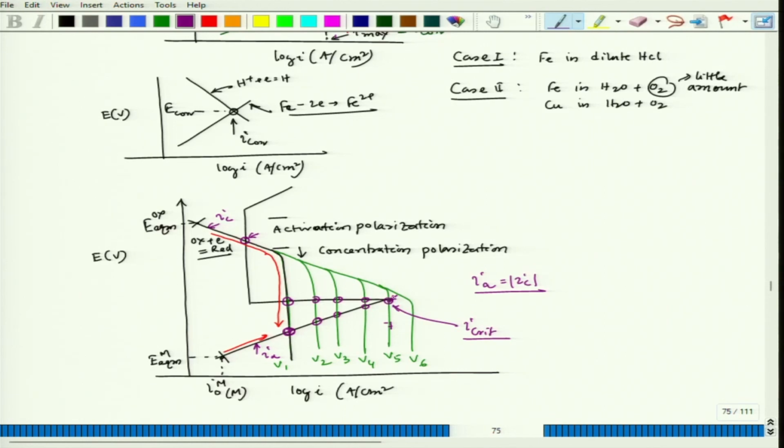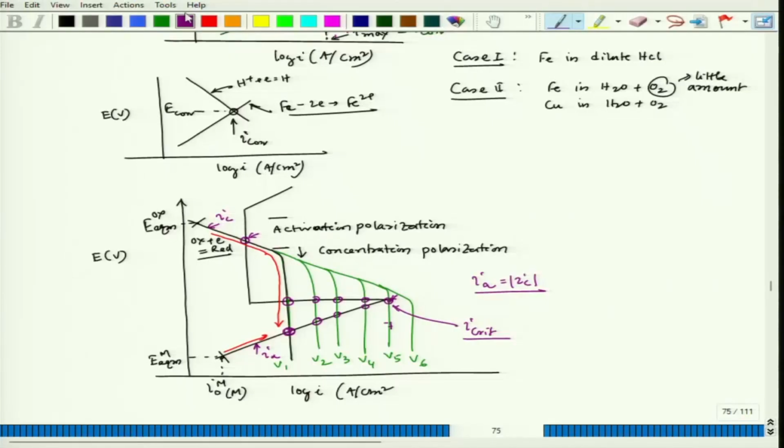Now, if we increase the velocity a little more, the point moves beyond I critical. This cathodic polarization line is bypassing I critical, and this bypassing is very important for an active passive metal. Once we bypass I critical, we notice only one interaction point, this particular point, which I mark in brown color.